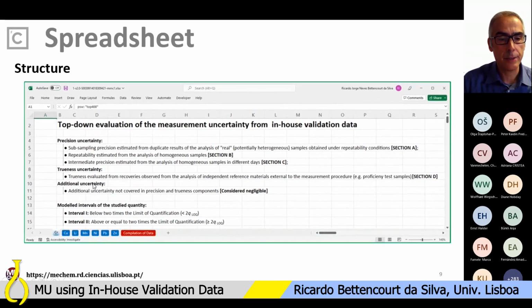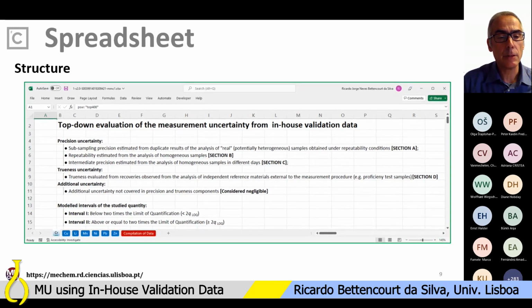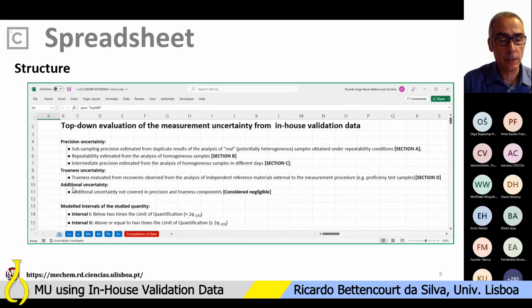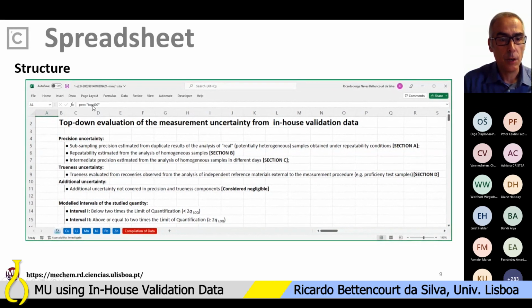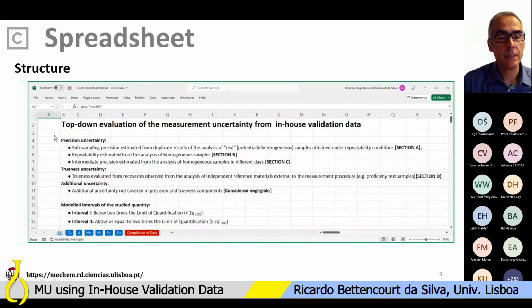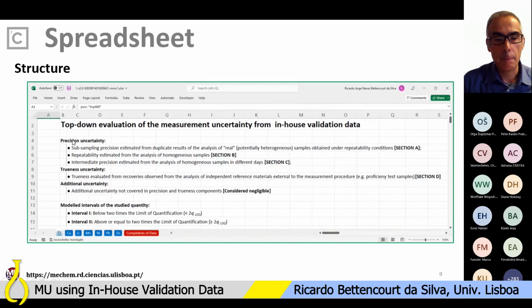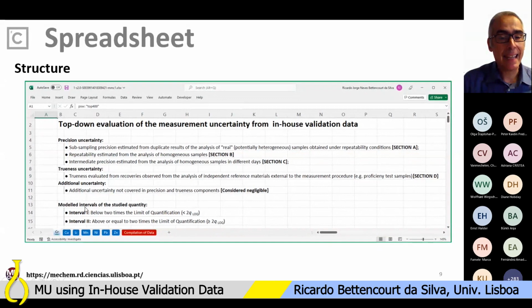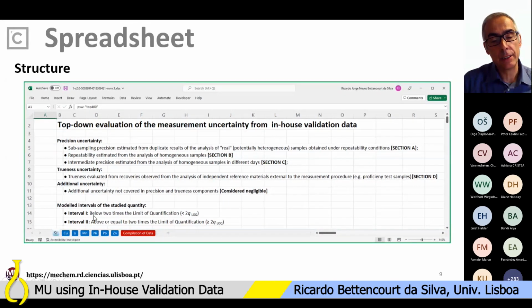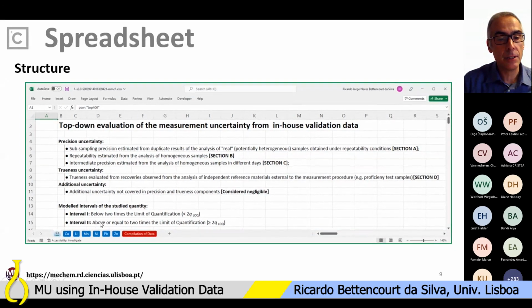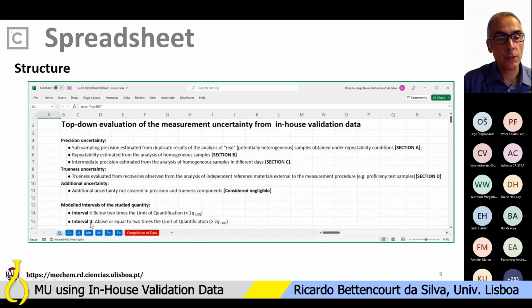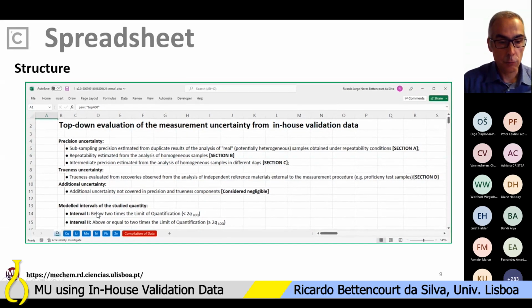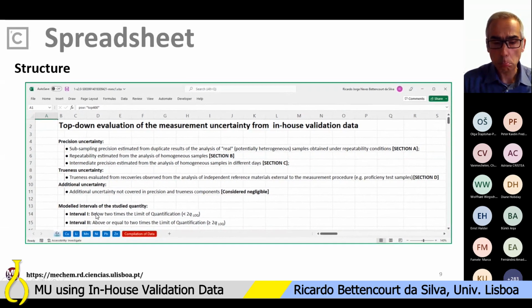But you can always add yourself, because the spreadsheet is protected with a password, but the password is top 400, and it is in the cell A1, so it is not, I would say, a secret; the password is known. And in the right corner of the spreadsheet, you have the estimated uncertainty for interval 1 and for interval 2, below and above 2 times the limit of quantification.